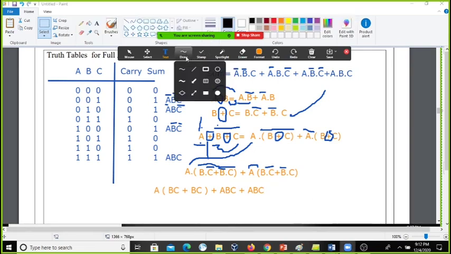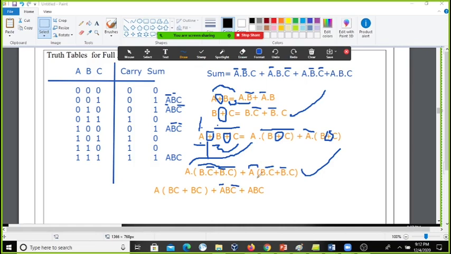So remember here I just expand this component, that is you get A bar BC bar, A bar BC bar, that is one. The other one is when you expand these two, you get A bar and B bar. Then you can see this one and this one are the same, and this one and this one are also the same.